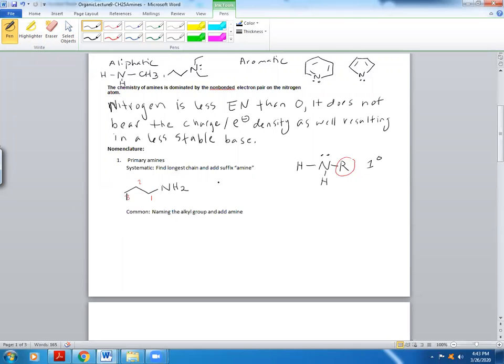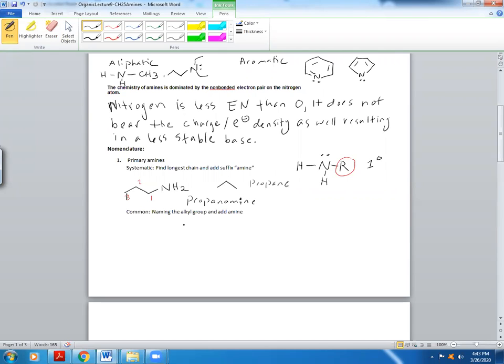So if we had this, that would be called propane. What we have now is we're going to remove that E and replace it with amine. So this will be called propaneamine or propanamine. That's the systematic name.